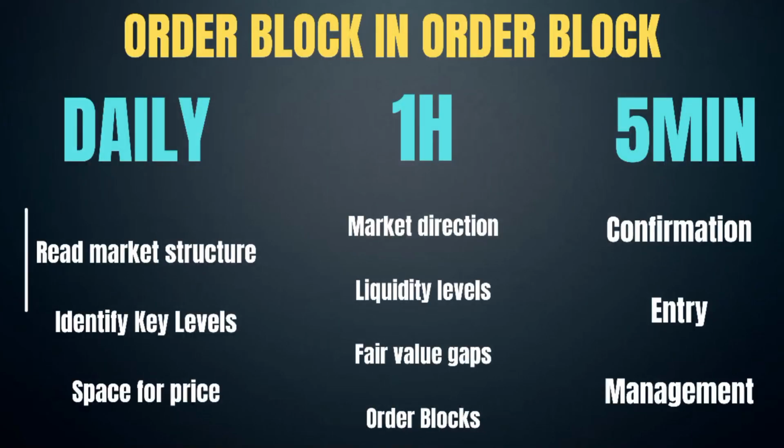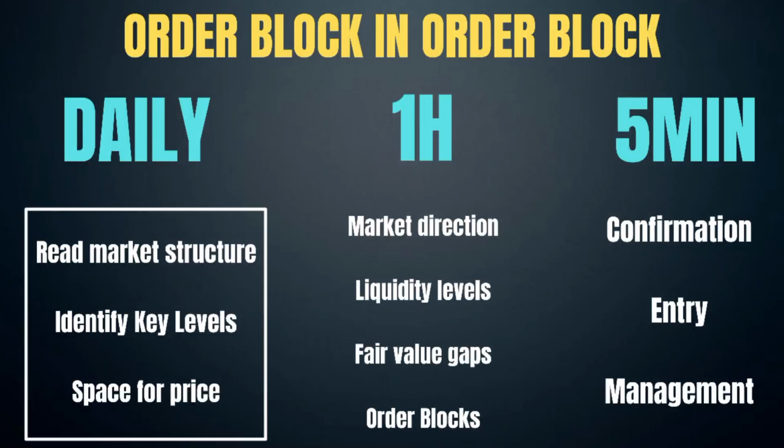Now, let's get started. This trading plan consists of 3 major time frames. First, we have the daily time frame, where we will do a general analysis. We will read the market structure to find key levels and assess how much space we have before reaching an important higher time frame level.